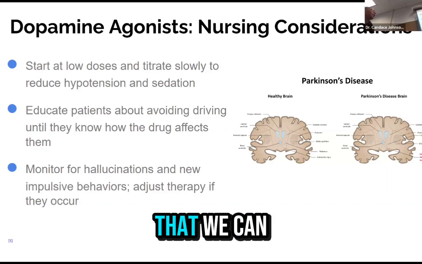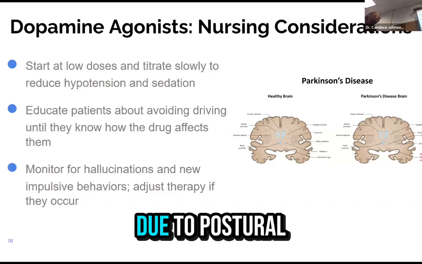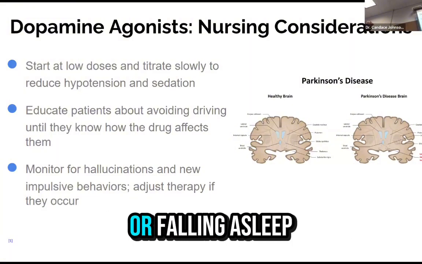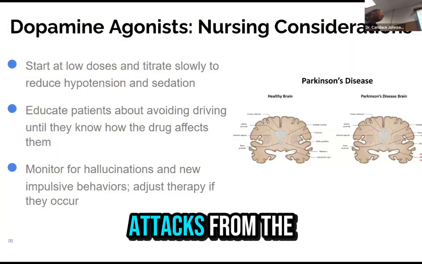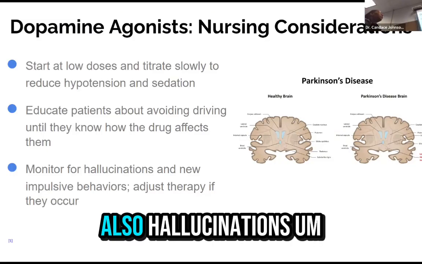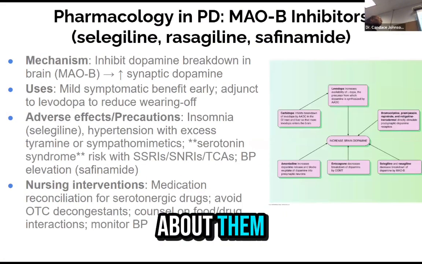So that's just so that we can keep a patient from falling due to postural hypotension or orthostatic hypotension, or falling asleep and having sleep attacks from the medication giving them sleep issues. Also hallucinations, you can always ask about them.